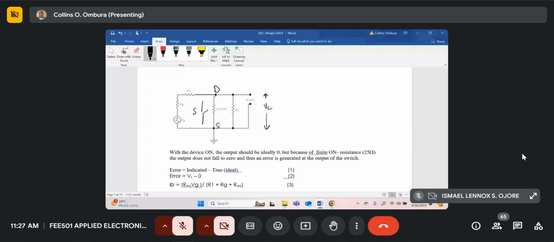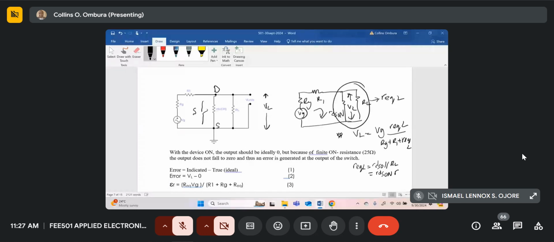And then we see what is R equivalent L. R equivalent L is RDS on in parallel with RL, or it's RDS on into RL, over RDS on plus RL. Now RDS on is 25 ohms.